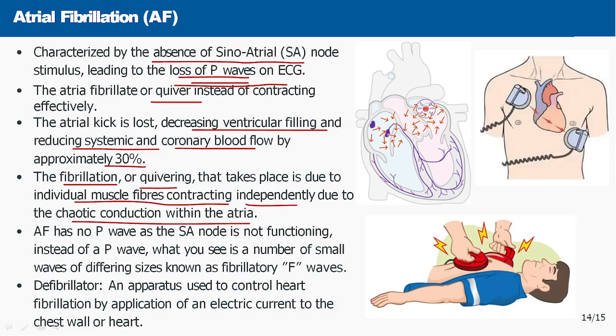As you can see here, there is no proper path of signal conduction; rather, it is chaotic in nature. So atrial fibrillation has no P waves, as the SA node is not functioning properly. Instead of a P wave, you see a number of small waves of different sizes known as fibrillatory or F waves. So instead of P waves, we have F waves in atrial fibrillation.